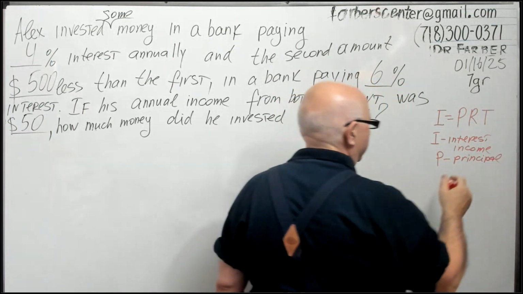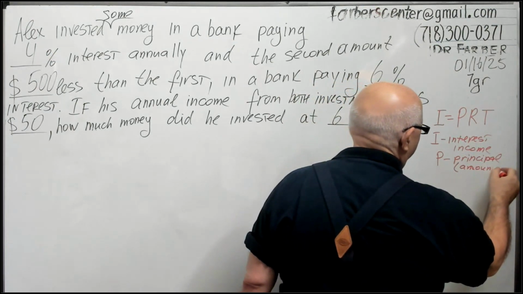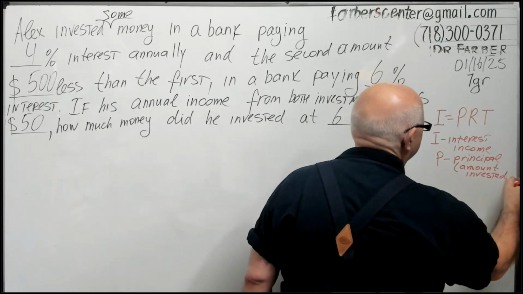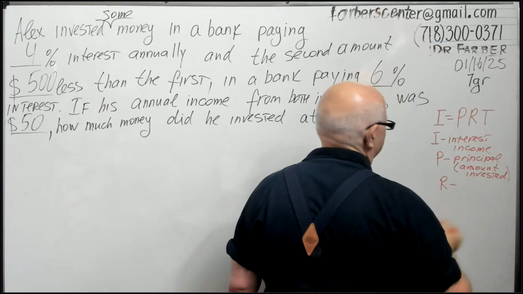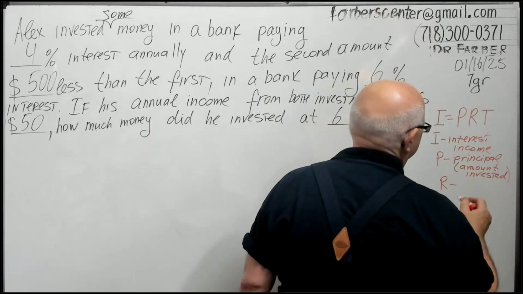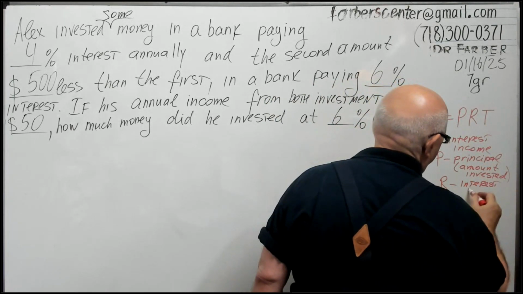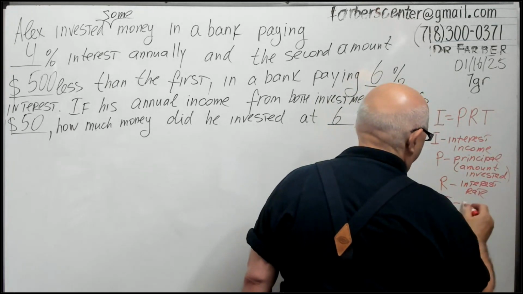Amount invested. I just explained everything. R is the interest rate. Every bank has an interest rate. And T stands for time.